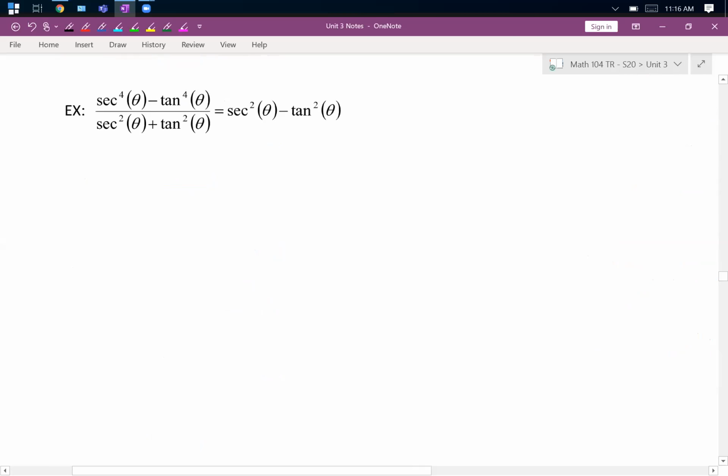Next, we want to verify that secant to the fourth minus tangent to the fourth divided by secant squared plus tangent squared is equal to secant squared minus tangent squared. Which side would you say is the more complicated side? Left.